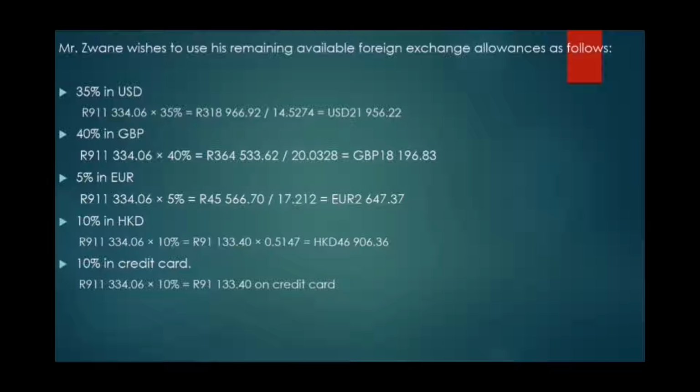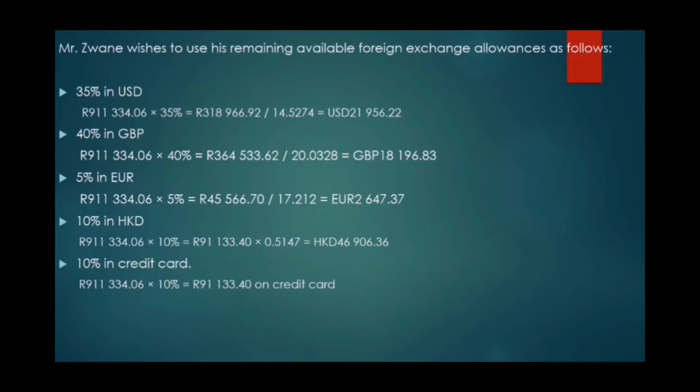Now, is the bank buying or is the bank selling the US dollars to this person? The bank is selling the US dollars to this person, so we are still going to use the bank selling rate. So in this case we are converting to US dollars, so we are going to divide. So the amount divided by 14.5274 gives us about 21,956 US dollars and a couple of cents.